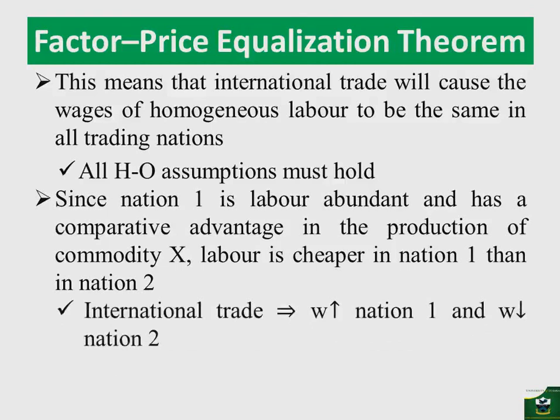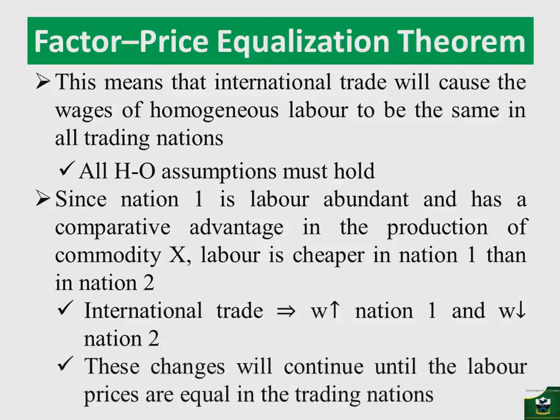From this, international trade will cause the wage to rise in nation 1, but to fall in nation 2. This is because of the pressure arising from the movement of factors between the nations involved in international trade. So in short, international trade will cause the price of labor to increase in nation 1 and reduce in nation 2.